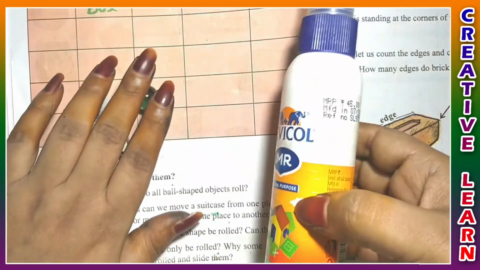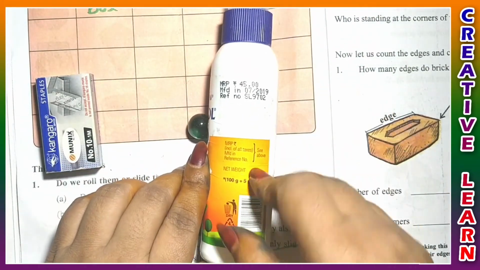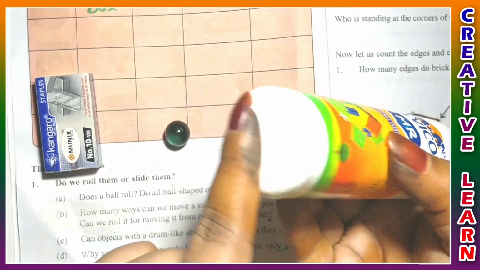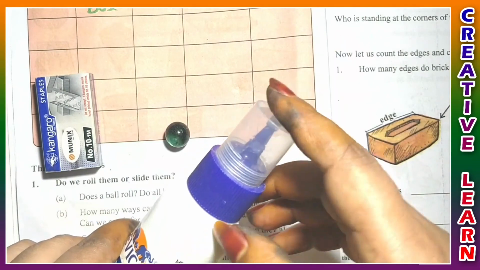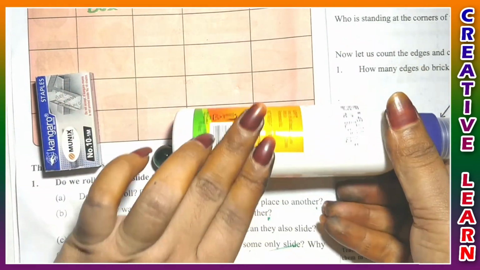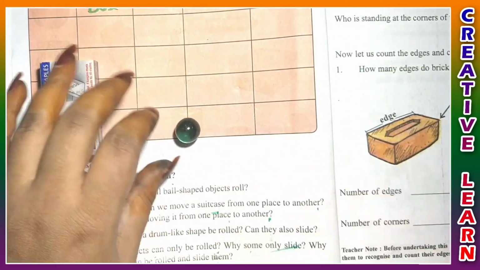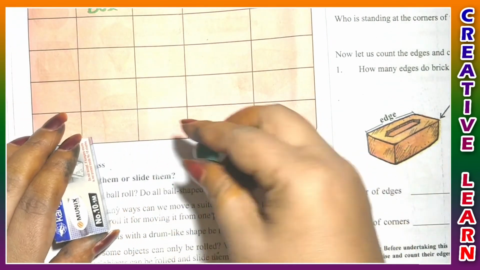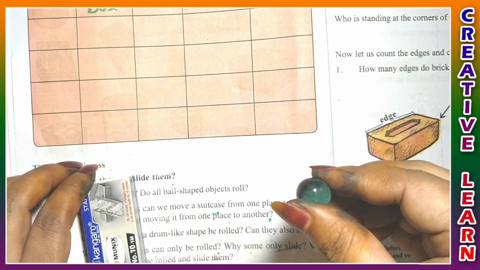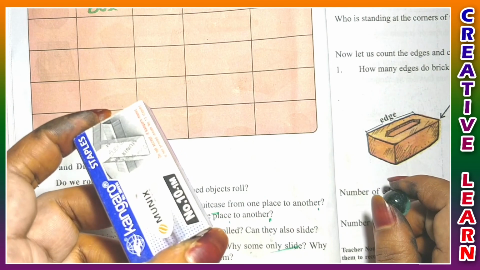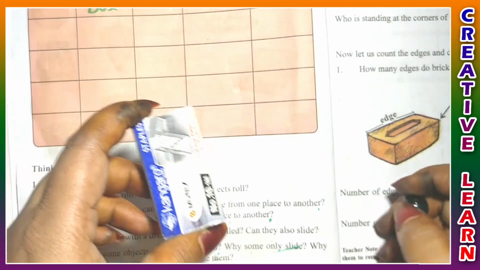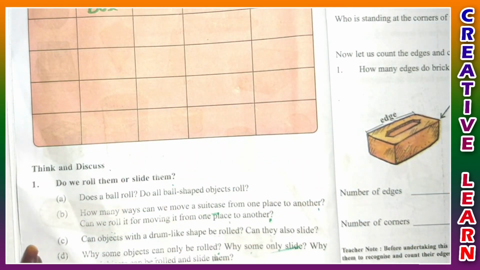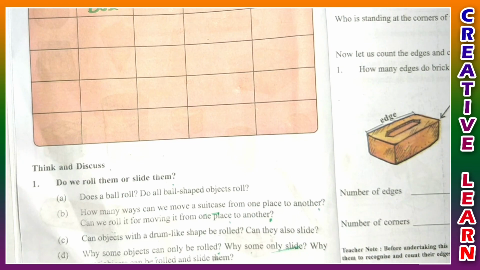And this one here curved surface and also here and here flat surface. So this one roll and also slide. But ball-like shape objects only can roll. And brick shape objects only slide. This is the main reason. That's why some objects can roll, some objects can slide, and some objects can roll and slide.